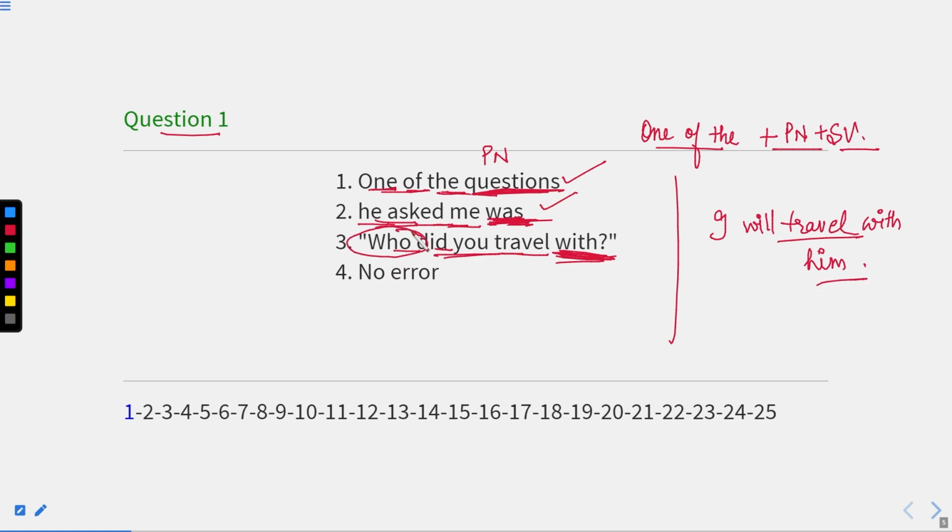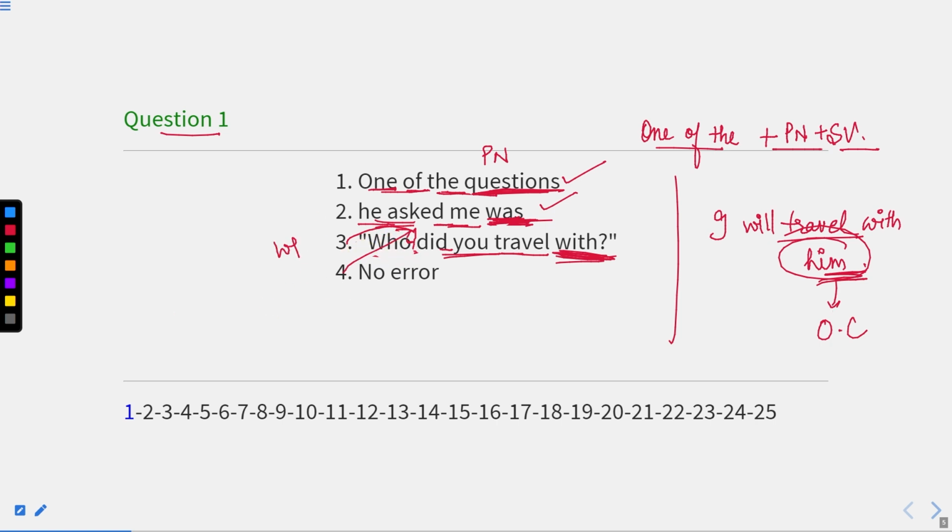Now just ignore this part. Okay, just leave this part for a while. If I say that I will travel with him, which word is actually answering this question? Of course, him. And him, we know well, is an objective case, it means an object is replying to this question. Therefore the use of who here is totally incorrect.